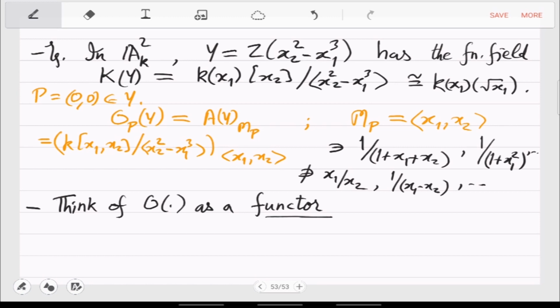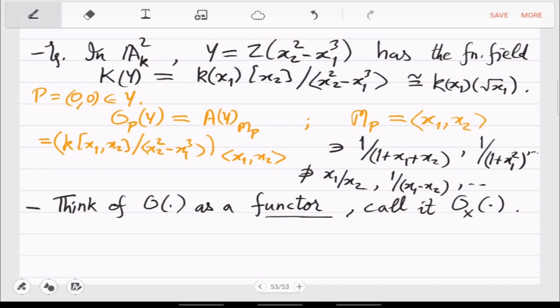So we'll call it O_X acting on something. This functor we will use and generalize. You can think of this O_X as the functor of ordinary functions.